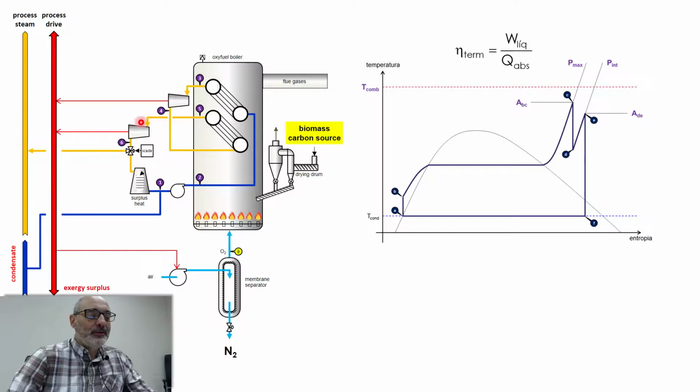Okay, so you expand, and then you reject the remaining heat, and the cycle goes on. If you need heat for your processes, for instance, in order to heat water to extract sugar in the diffuser, to extract sugarcane juice, you drain a certain amount of heat here and send that to the process.